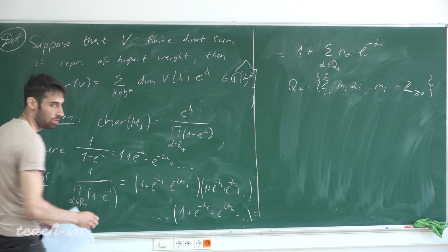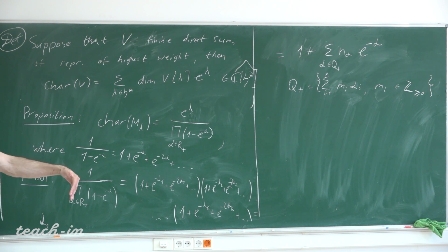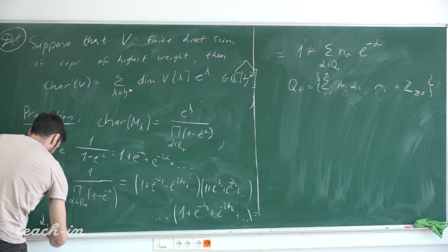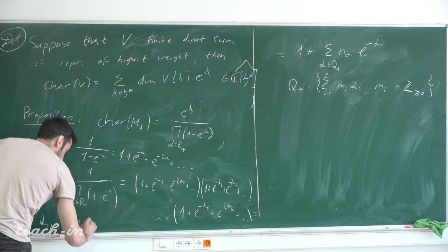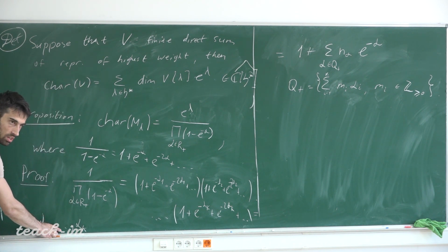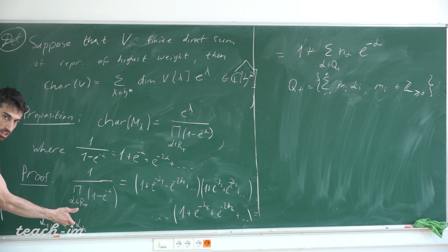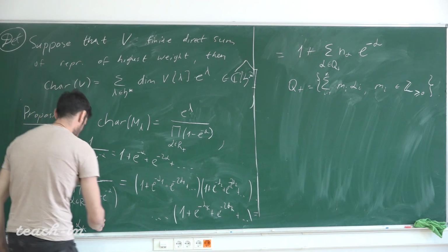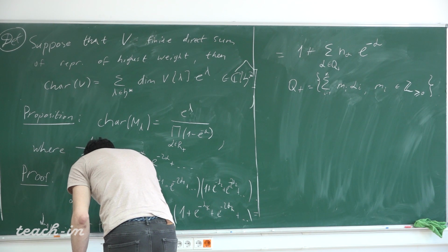Usually we denote alpha 1 to alpha r all simple roots, but here I mean that alpha 1 to alpha k are all positive roots. Some subset of them are simple, but you have more positive roots than just simple. So these are positive roots.